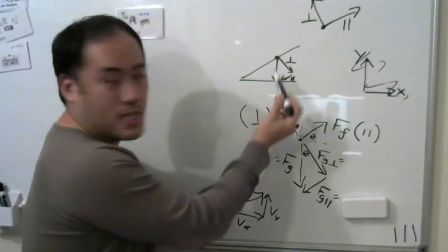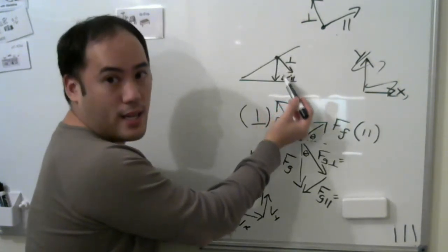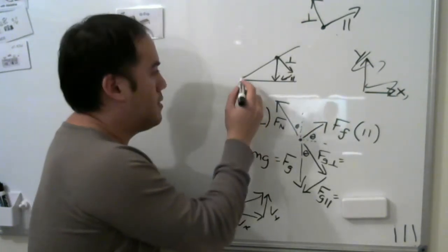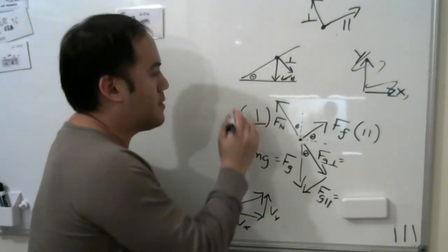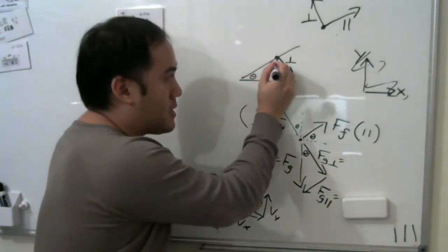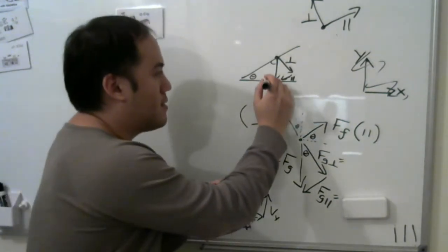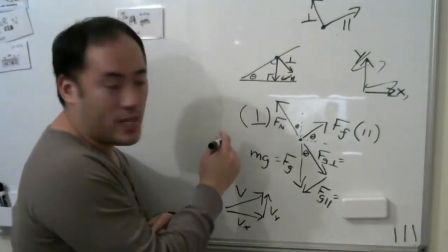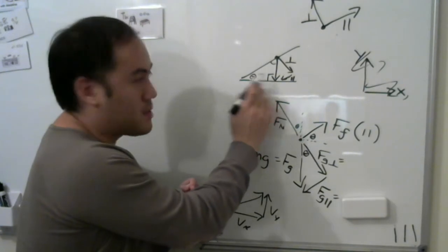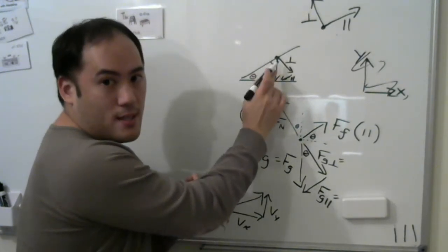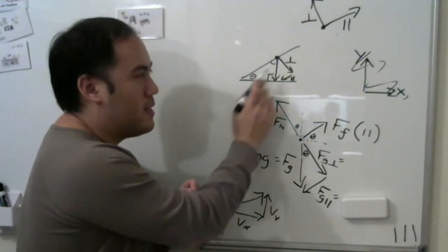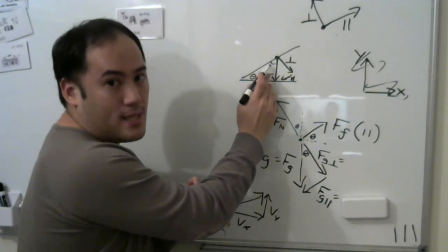Why do I know this angle is theta and not this one down here? If this is theta, this is 90 minus theta because it's a right triangle. The three angles add up to 180. This is 90, so these two add up to 90. So this is theta, this is theta's complement, 90 minus theta.